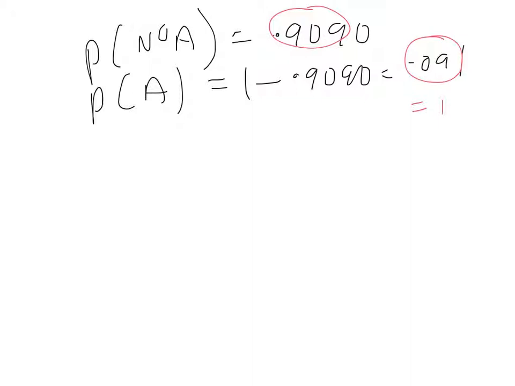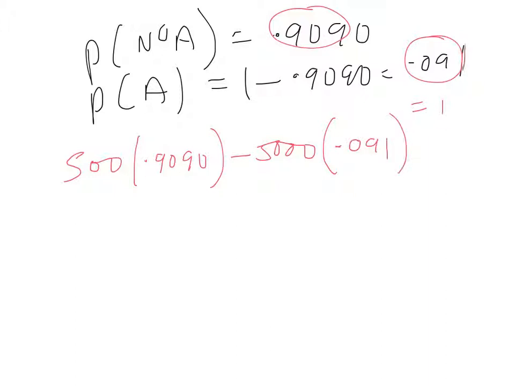So let's just go and do that. So it'll be 500 times the probability of no accident, which is going to be 0.9090, minus 5,000 times the probability of an accident, which is what we got here. That's going to be 0.091.